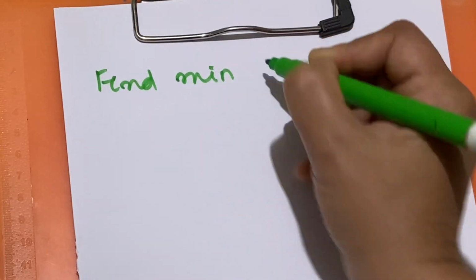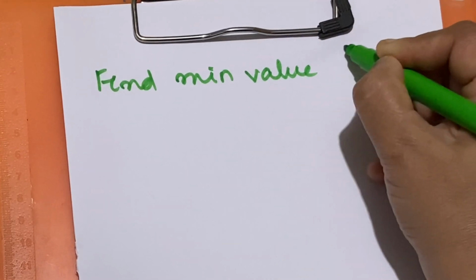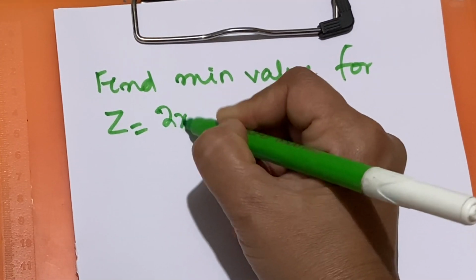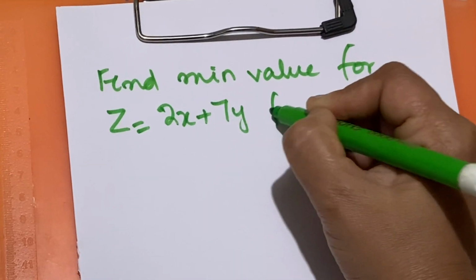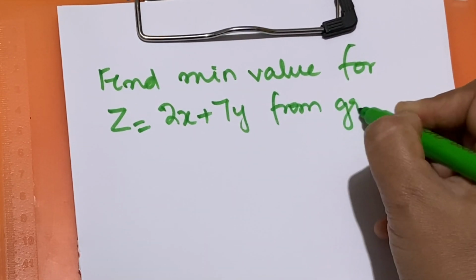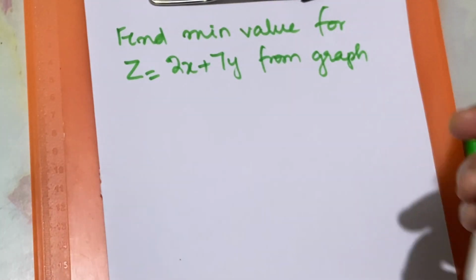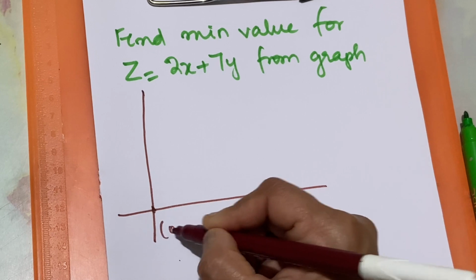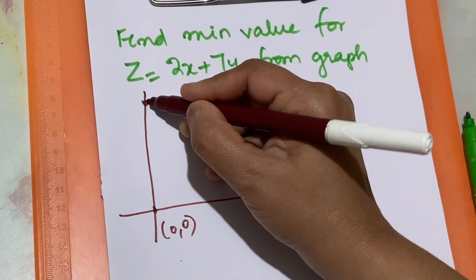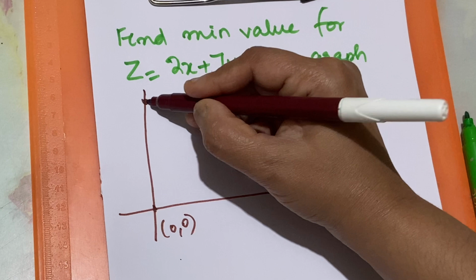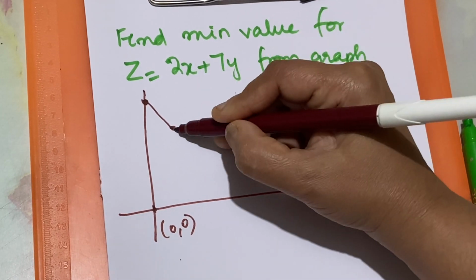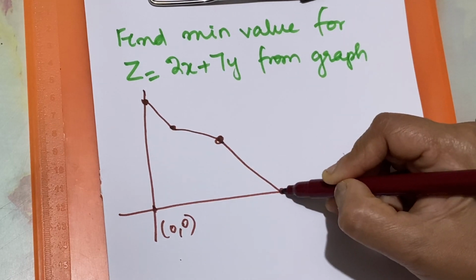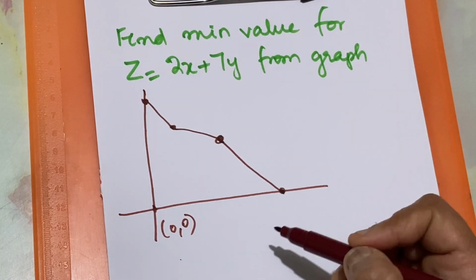Find the minimum value for z equal to 2x plus 7y from graph. The graph looks like this. So we have 4 corner points.